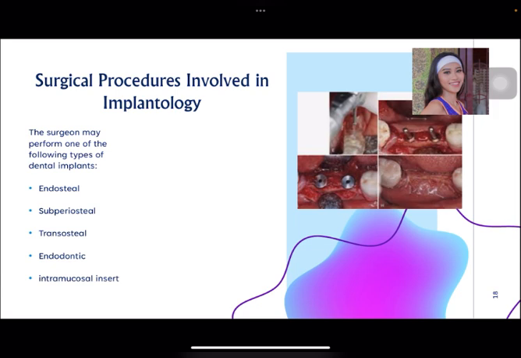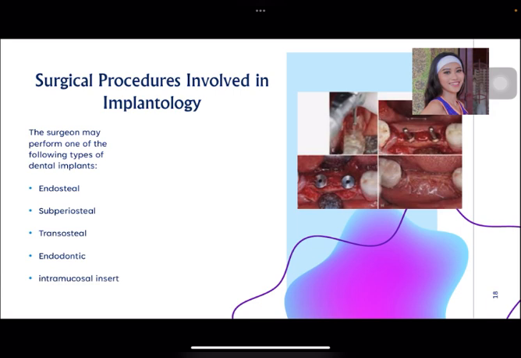The transosteal implants, this is also known as mandibular staple implants. This type of implant is less common and typically used when other types of implants are not suitable due to bone structure or other factors.